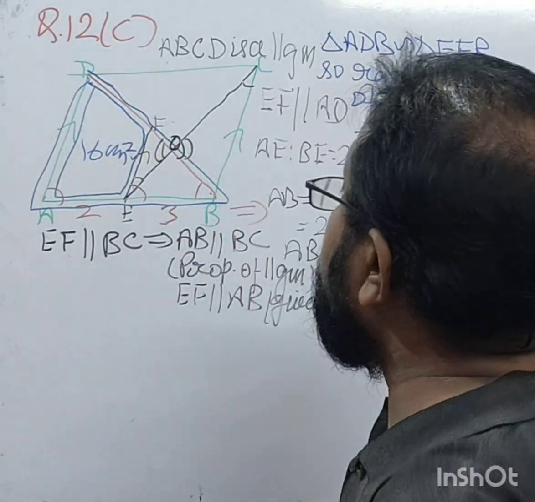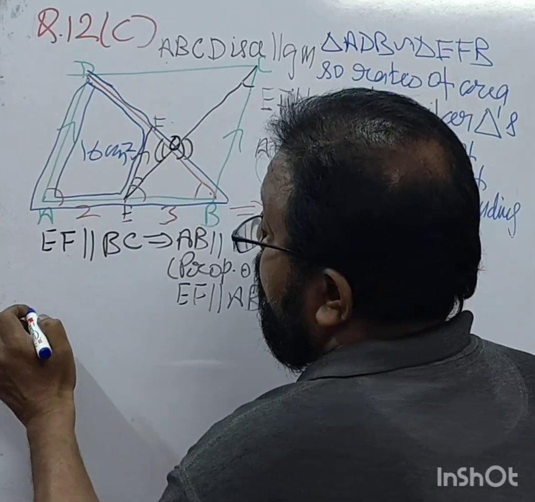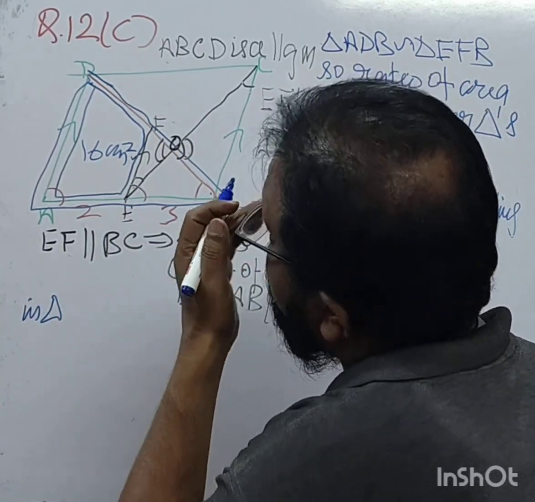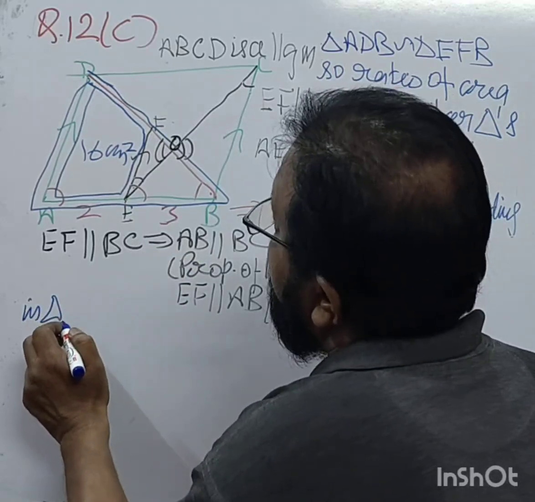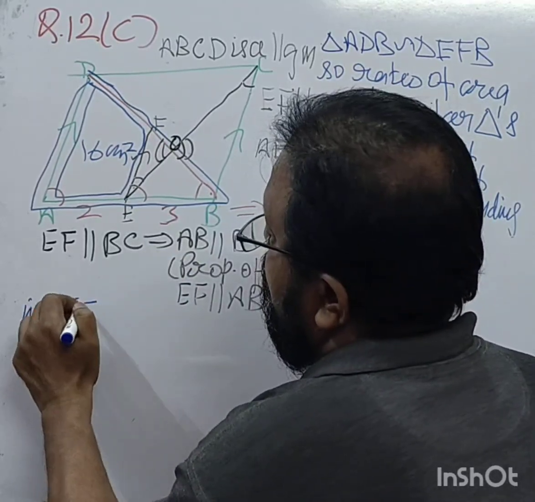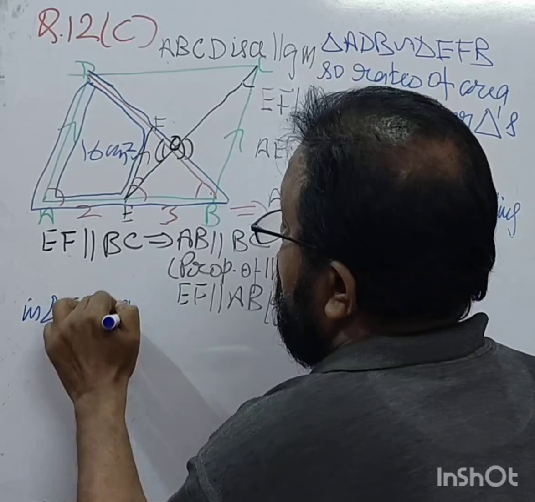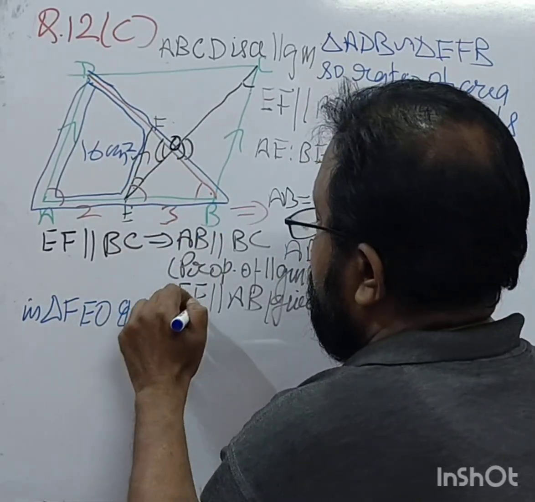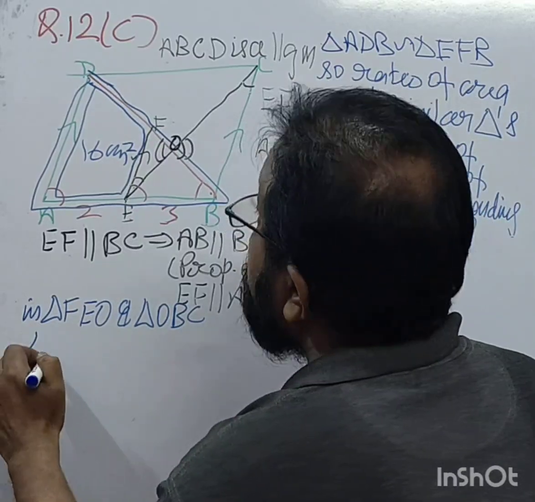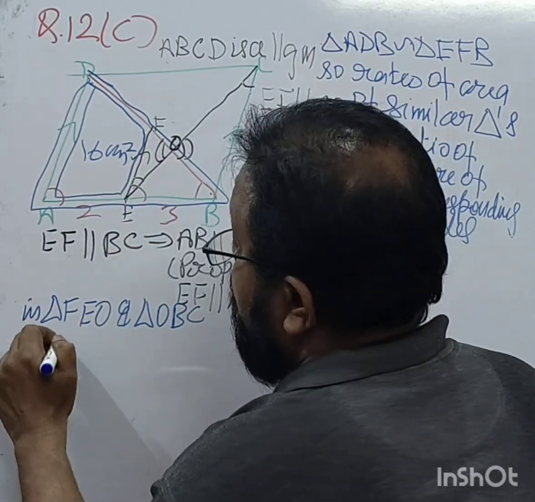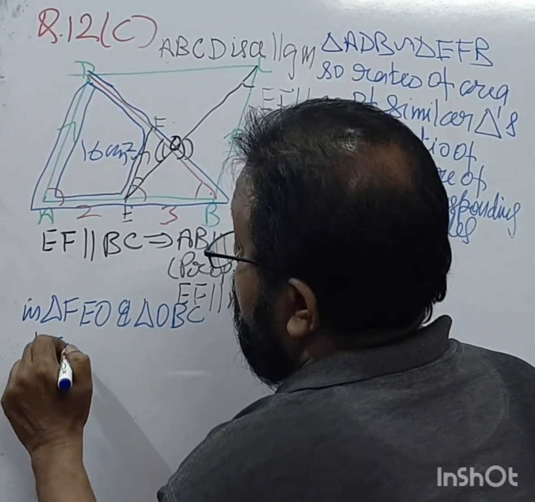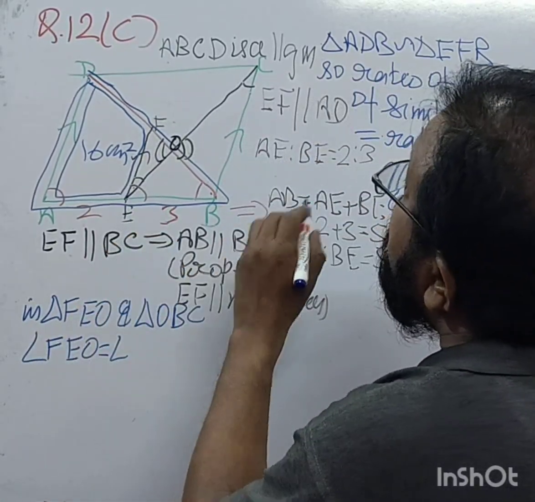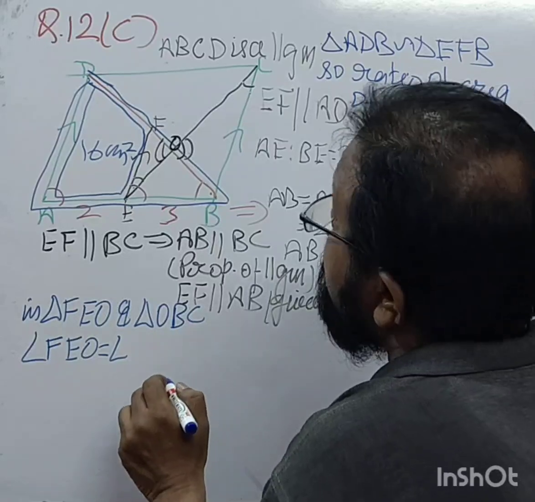So in triangle, first which triangle is written there? FEO and triangle OBC. So angle FEO is equal to angle BCO.